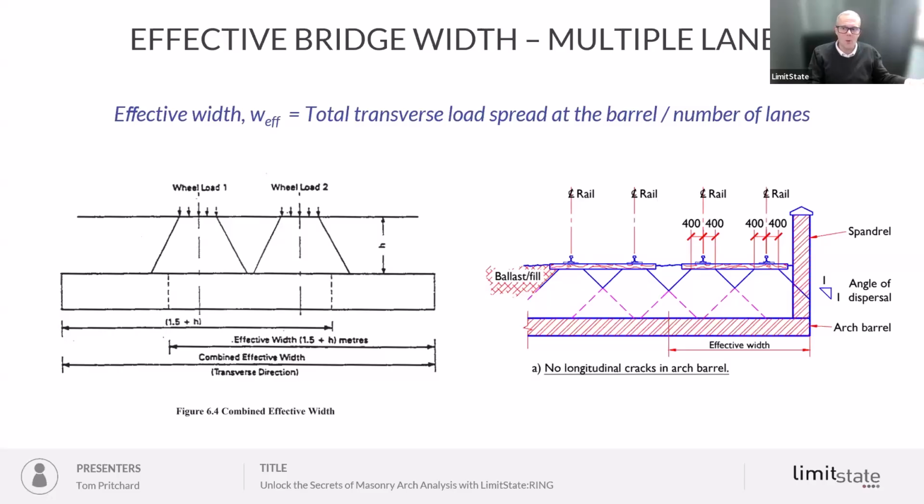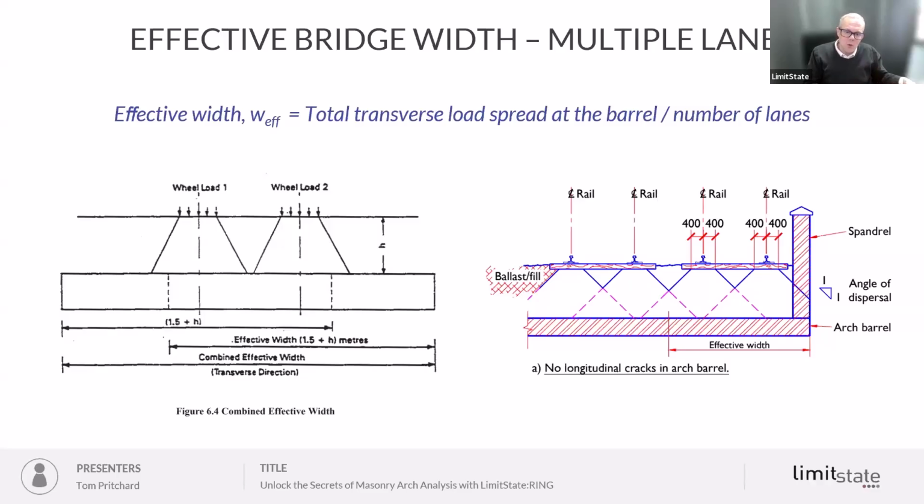So when you switch from highway to railway settings, the load spread through the backfill and the additional width of arch to include, so 0 in the railway case, and other parameters are updated accordingly. Coming back to the multiple lanes, remember that Ring is mapping everything back to a single lane.